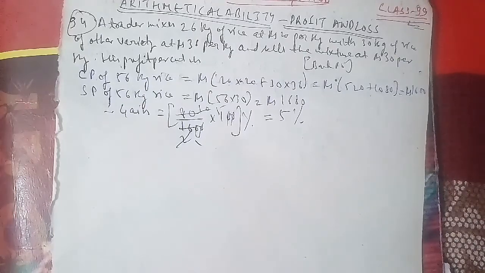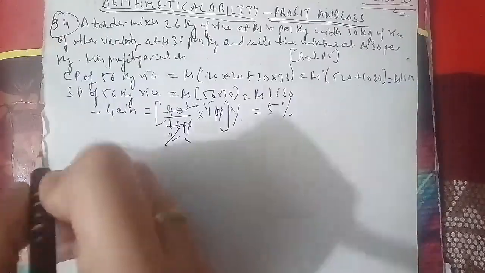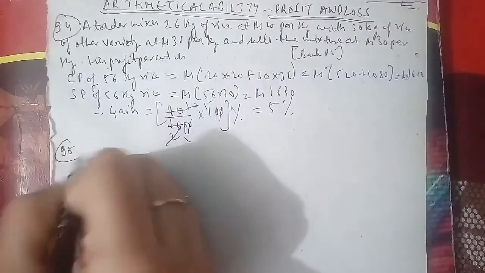At approximately what price per kg should he sell the mixture to make 30% profit? That has been asked in the bank PO question paper. The options are rupees 14.80, rupees 15.40, rupees 15.60, rupees 16.30 and rupees 18.20.